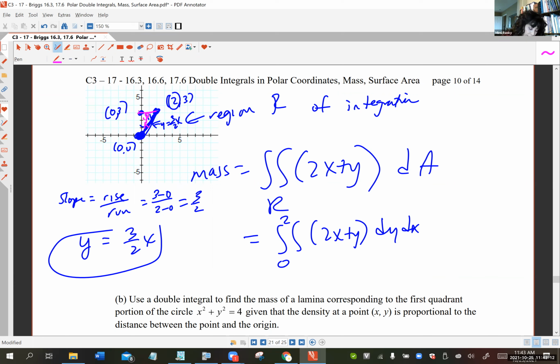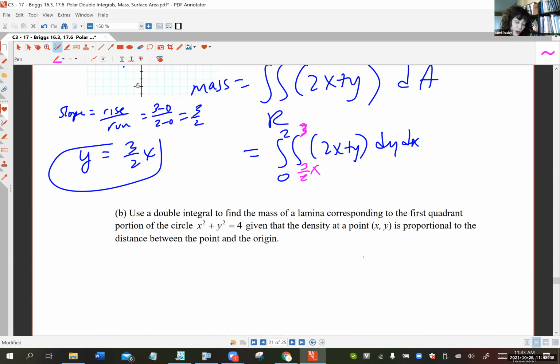The top of his head is on the horizontal line of the triangle, which has the equation y equals 3. So the upper limit for y is 3. And then the lower limit, where the little man's feet are, is on the diagonal line, which has the equation 3/2 x.